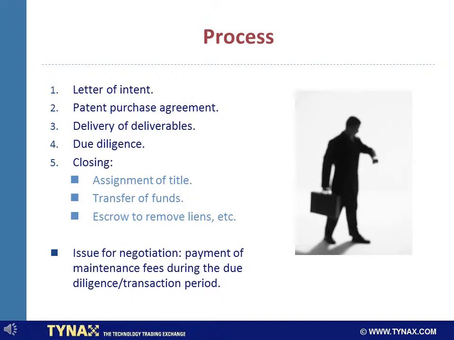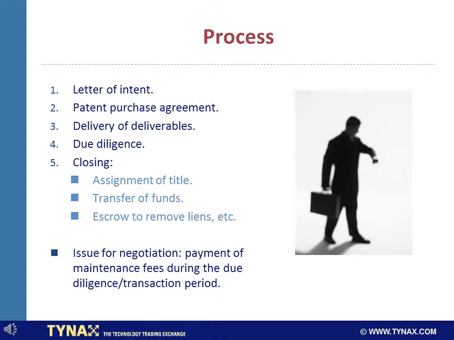The letter of intent is usually followed by the negotiation of the patent purchase agreement. This takes place concurrently with the delivery of the documents required by the buyer as part of the due diligence process, where the chain of title of the patents is examined to make sure the seller actually owns title to the patents that are being sold.